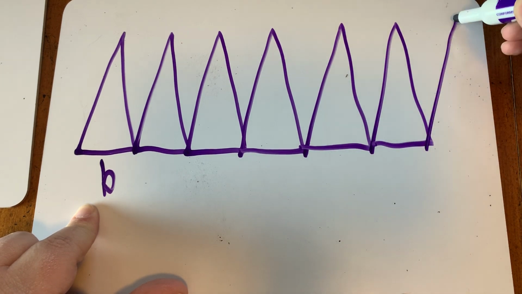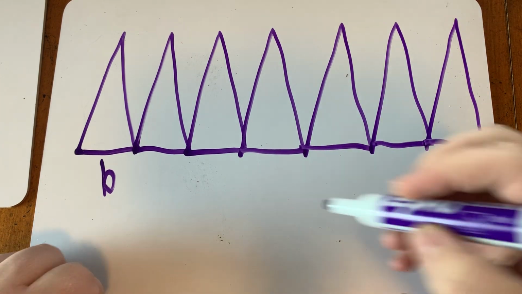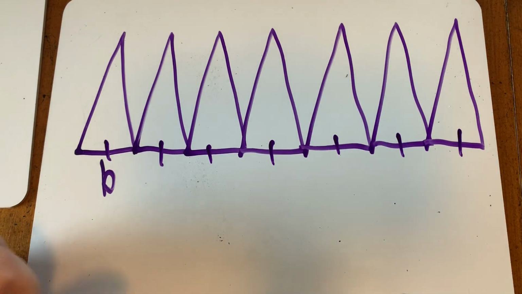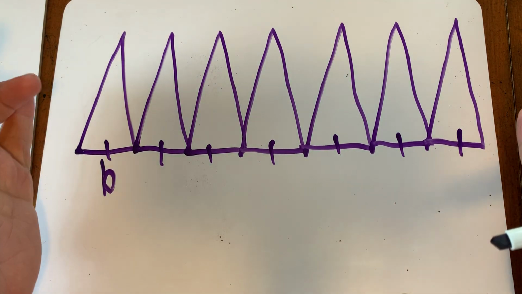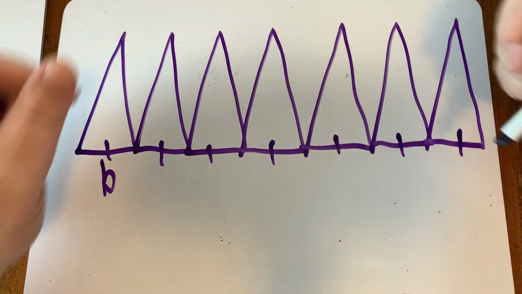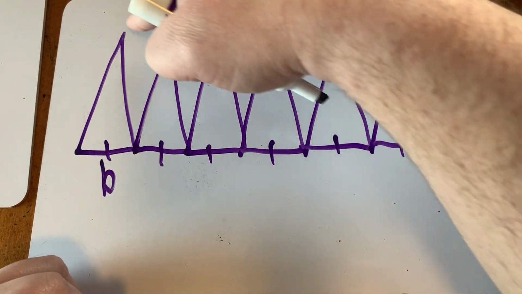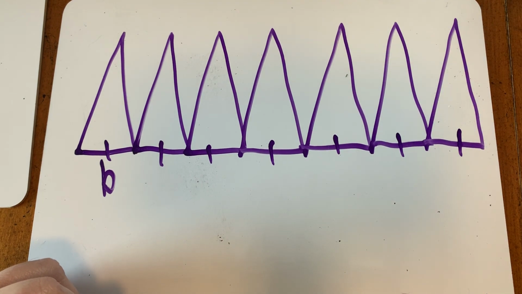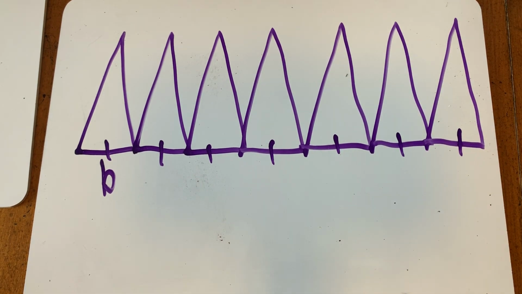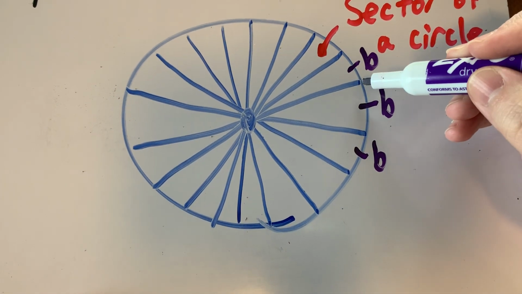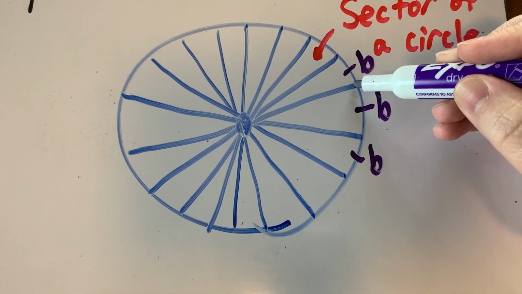I understand there were more in my circle, but I'm not going to draw however many were there. We just need the concept. And if we wrap these together, these points would all meet up and it would form the circle. Now I understand that in reality, these are not triangles.